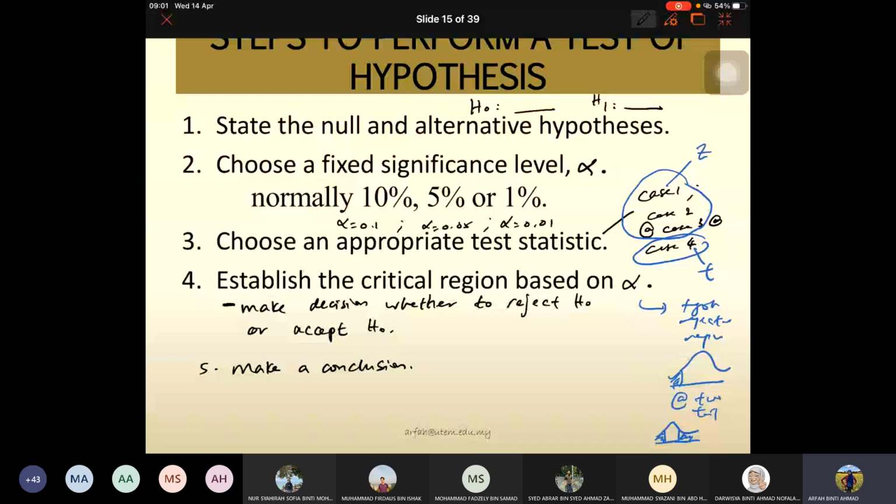Pukul 8.30 malam. So your test is confirm 7 of May. Masuk chapter 1, 2, 3. And then, that's it.